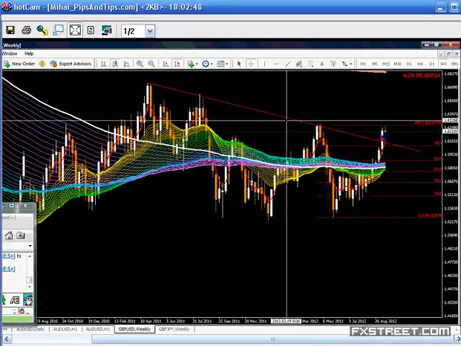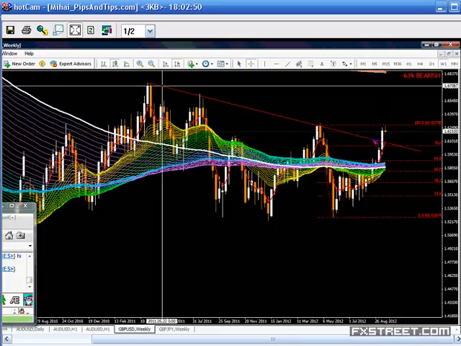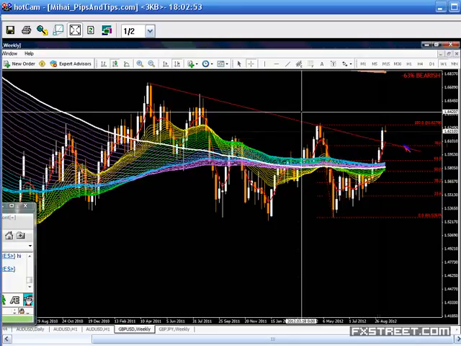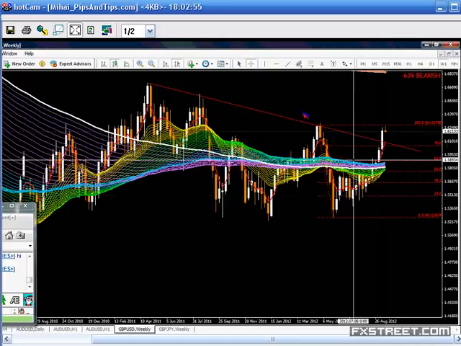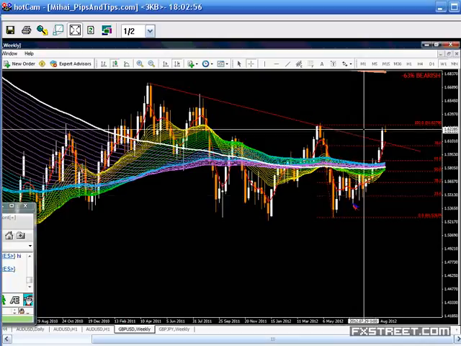Well, it did. It did close the week above, and it's actually confirming based on the trend line, based on the fib, and based on the waves as well.